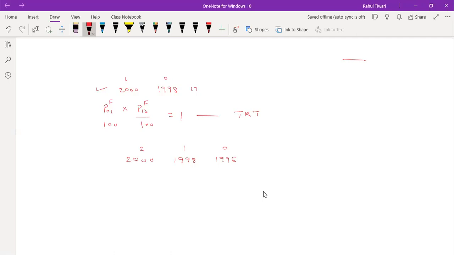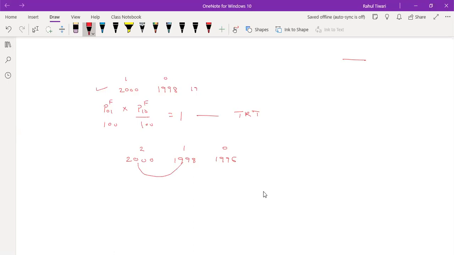Which means n is greater than 1; the number of years should be greater than 1. So for these 2 years, the current year will be 2 and the base year will be 1.